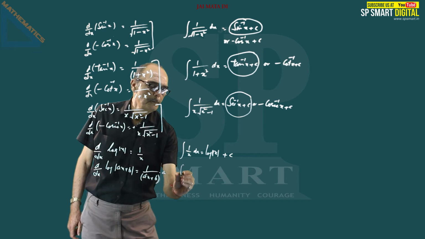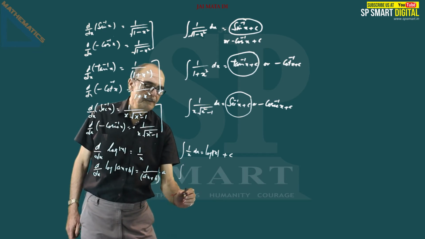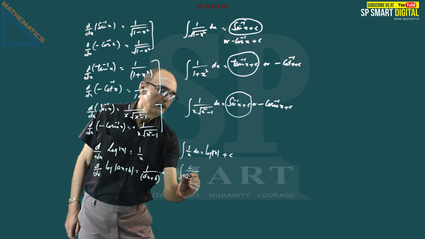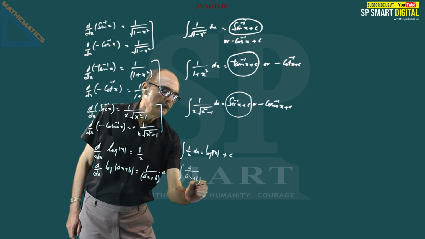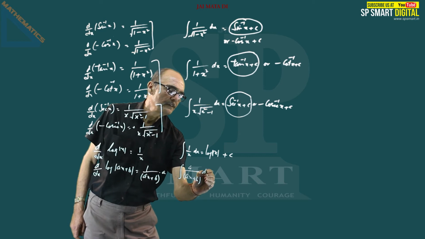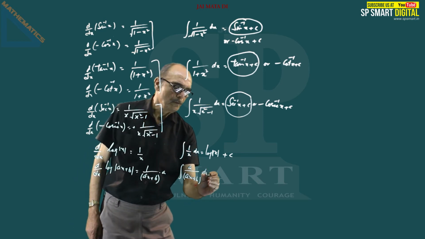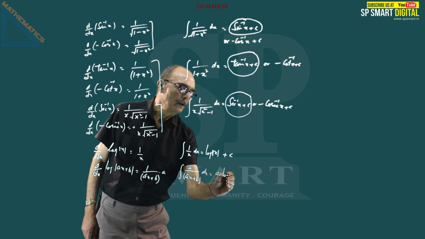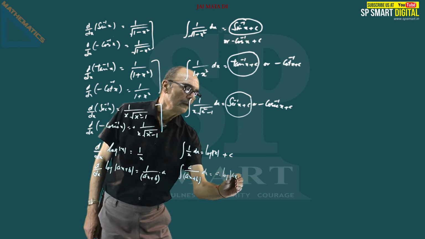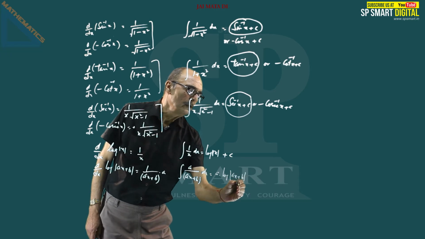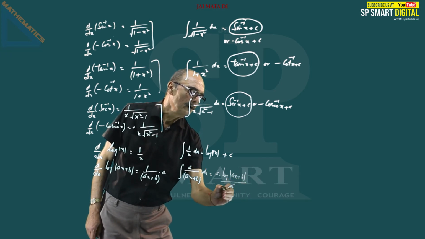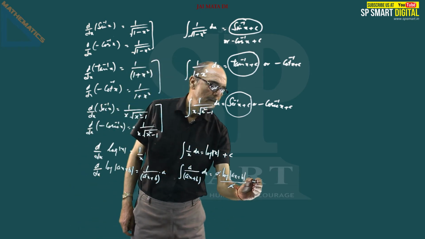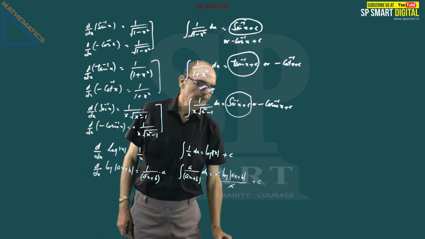So, integral of a upon ax plus b dx is equal to a log of ax plus b divided by a plus c.